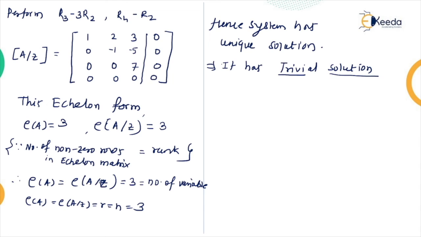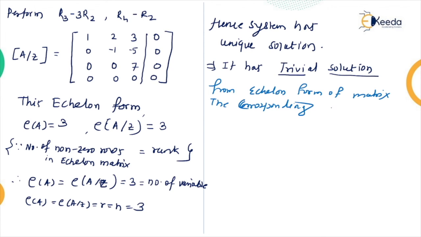So let's see why x is 0, y is 0, z is 0. From the echelon form of the matrix, we write the corresponding system of equations. How do we write it?